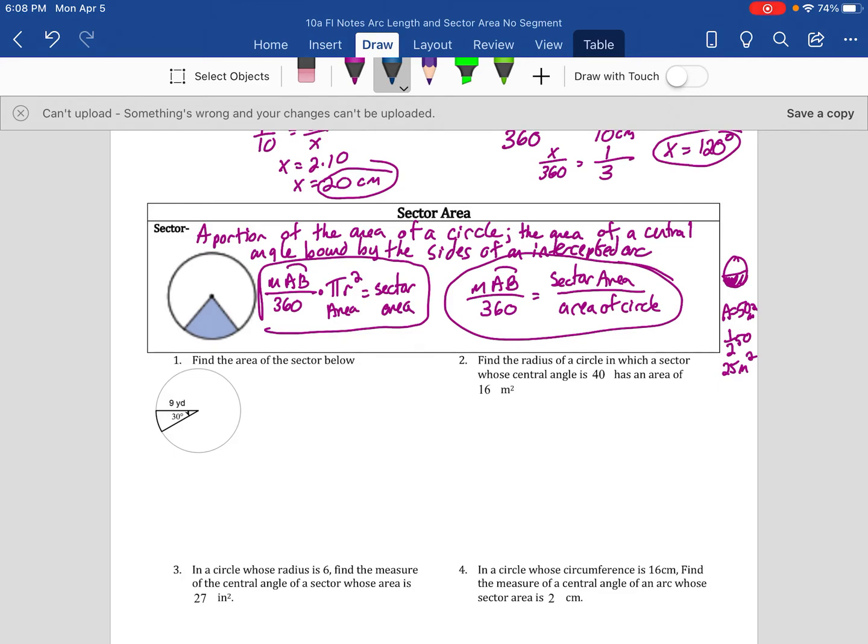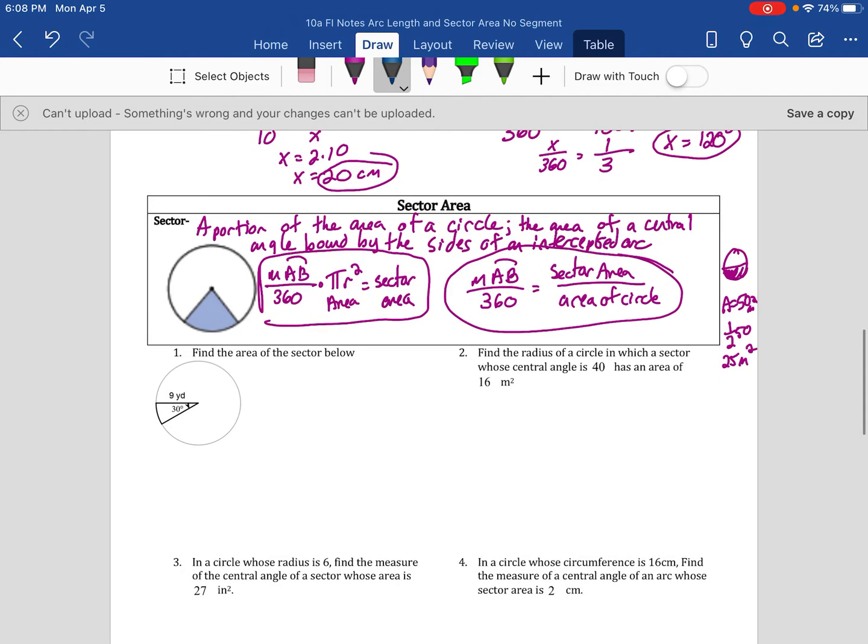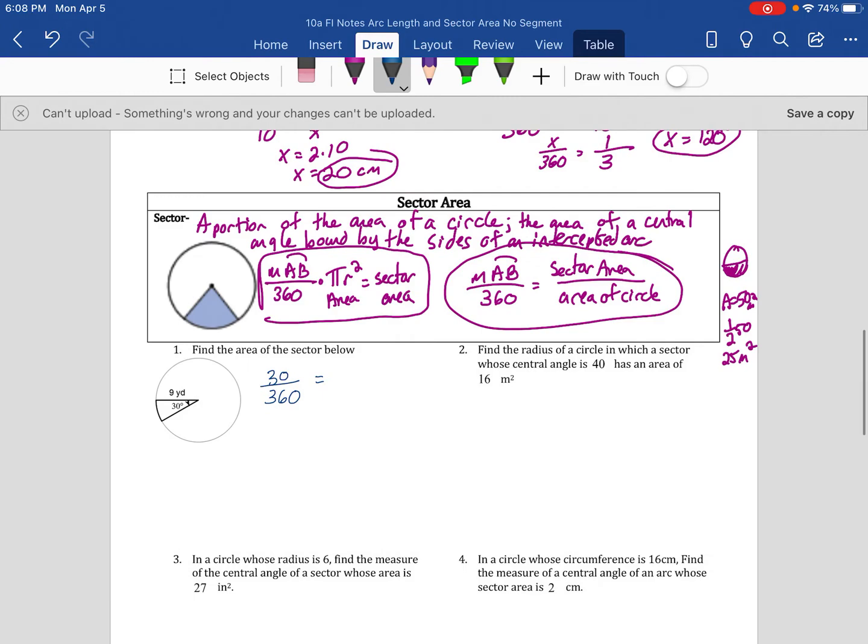So for this, I look at what I'm given. I know the measure of my arc is 30 over 360 is equal to, I'm trying to find my sector area, and I know the area of the circle is pi times 9 squared. These divide out. You can simplify 1 over 12. Now you don't have to simplify, you can just cross multiply. You'll just be dealing with bigger numbers, but I think you'll be fine because you all have calculators.